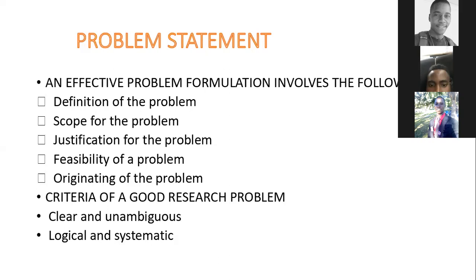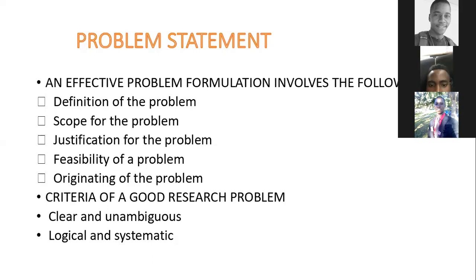In order to clearly bring out that problem, firstly, you need to define what street vending is. What is the scope of street vending? Justify it. What is the feasibility of street vending as a problem? Where did it originate from? When you state that problem, remember it has to be clear and it shouldn't be ambiguous.